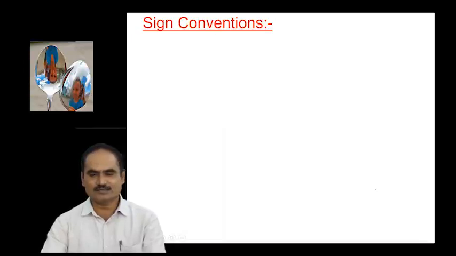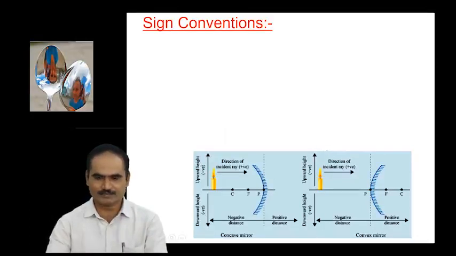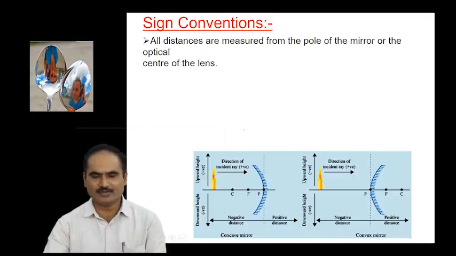So after this, when you go for reflection through mirrors or curved surfaces, then we need some sign conventions. The sign conventions are very simple, right. First one is that all the measurements should be measured from the pole of the mirror.